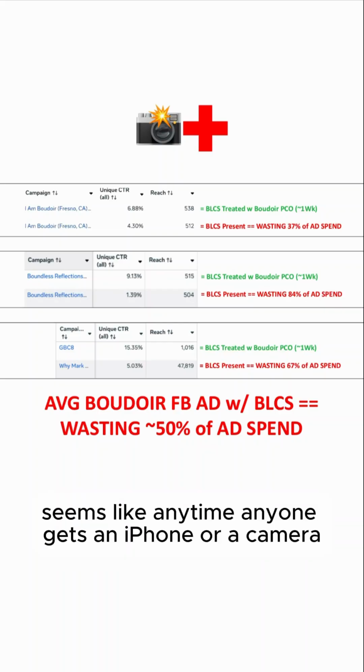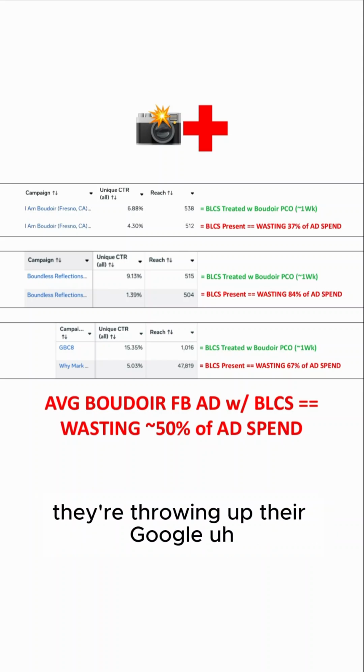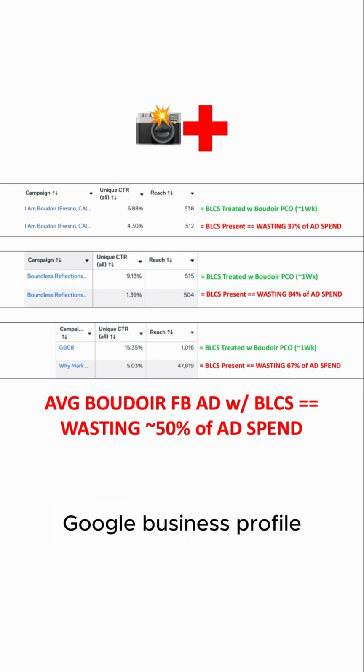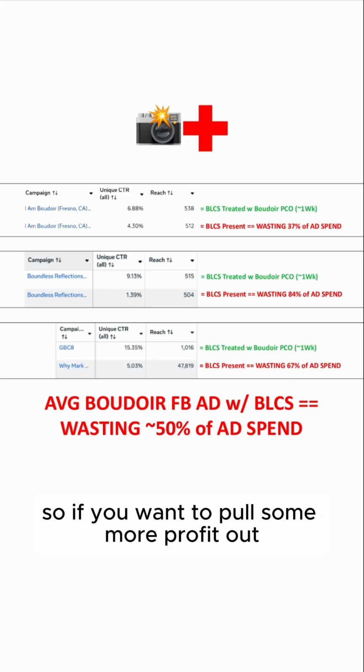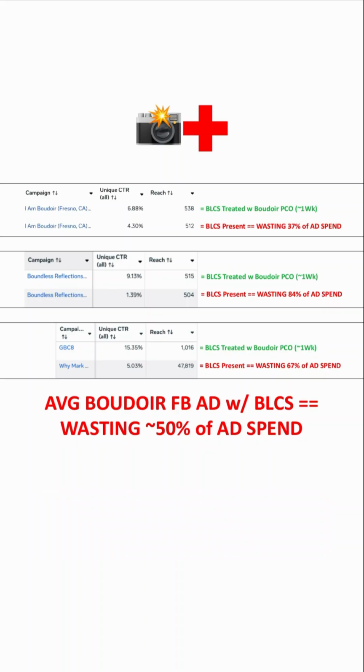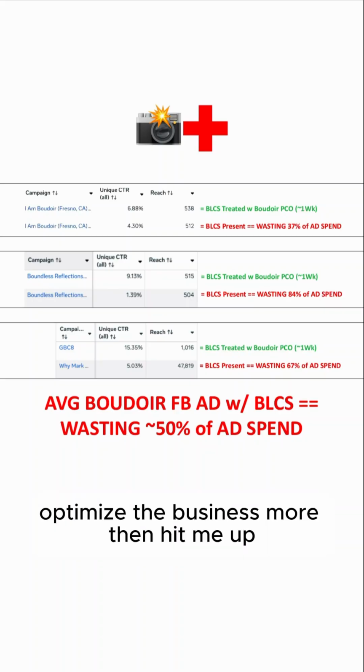It seems like anytime anyone gets an iPhone or a camera, they're throwing up their Google business profile to offer boudoir, driving down prices, margins for everyone, and we got inflation hitting. So you want to pull some more profit out, optimize the business more, then hit me up.